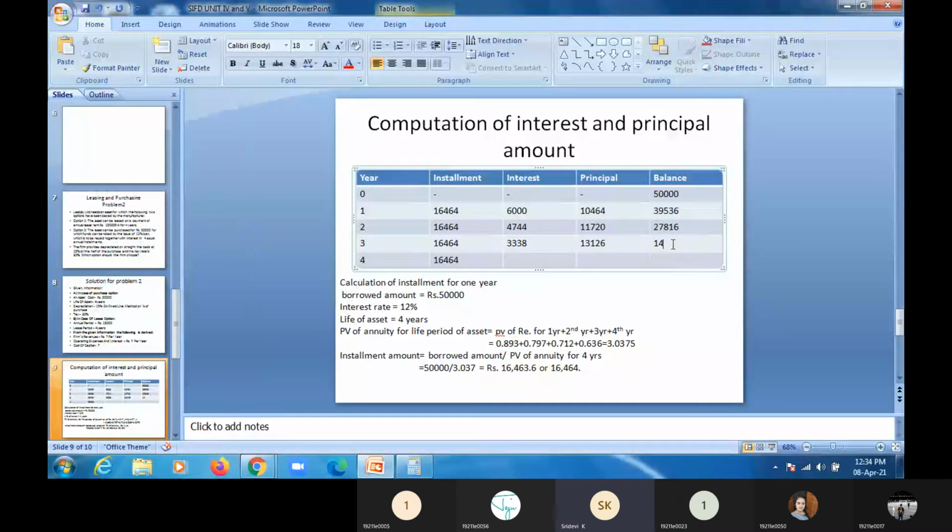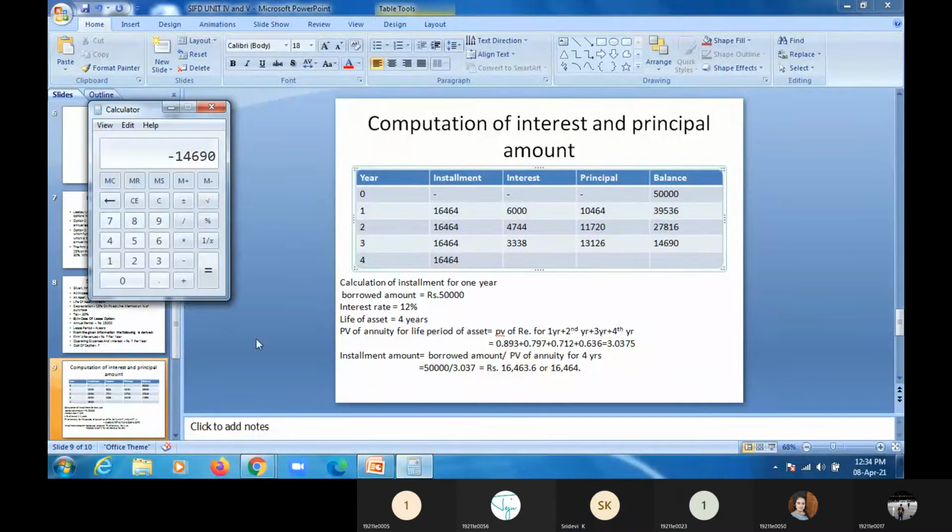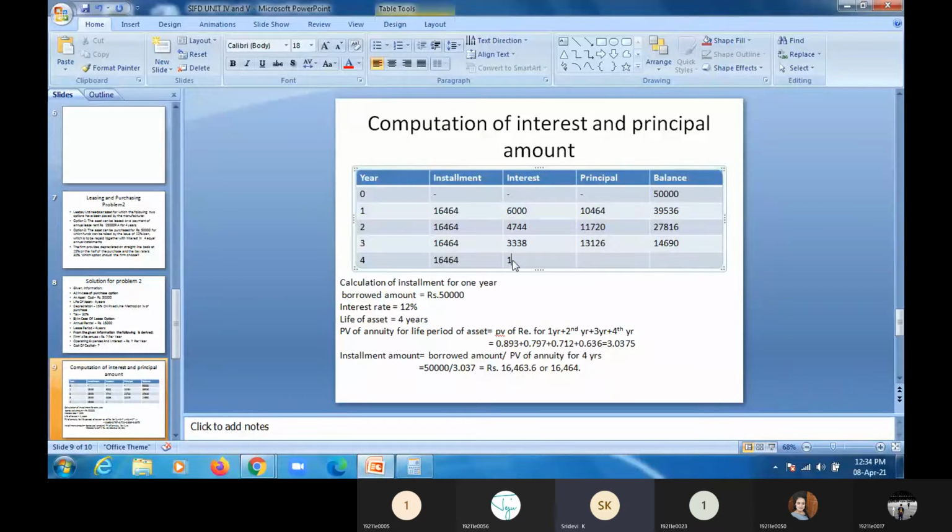14,690 is the remaining amount on which interest should be paid. On this I am calculating 12 percent. 1,763 is the interest in the fourth installment.